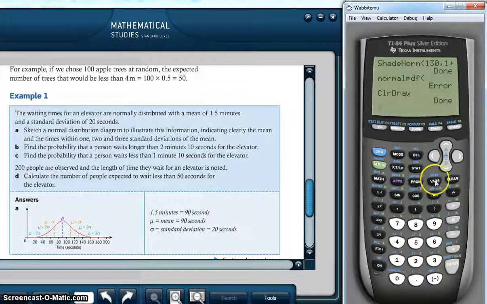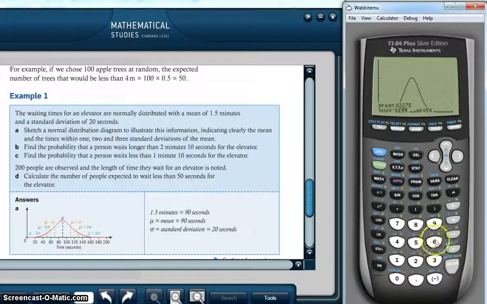Okay. Distribution. Let's try it again. Draw. Upper 50, 90, standard deviation of 20, and let's see if we can get it to work. See, and now that works.